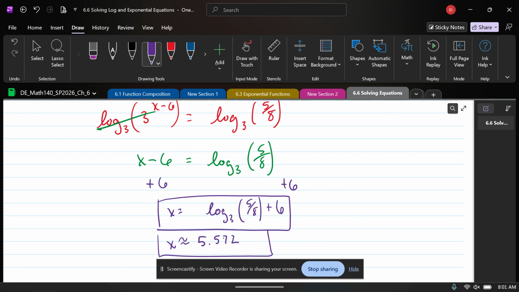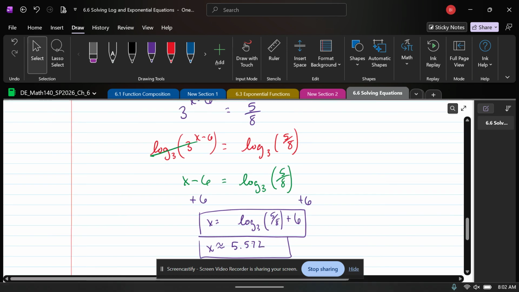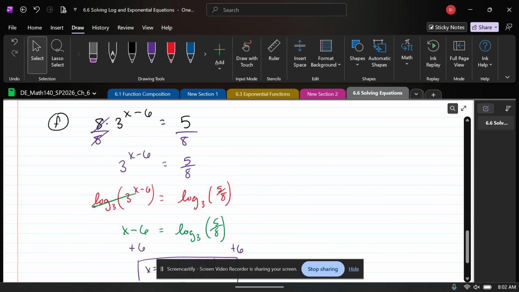Again, on this, so far we've only had a variable in the exponent on one side. We're about to see some where we've got variables in the exponent on both sides. So get that exponential isolated, and then we're using the log base of that exponential.